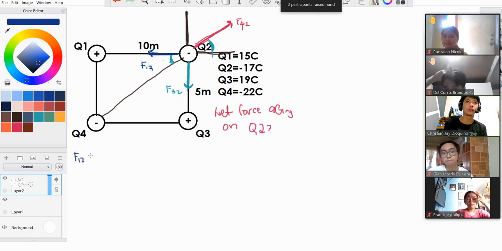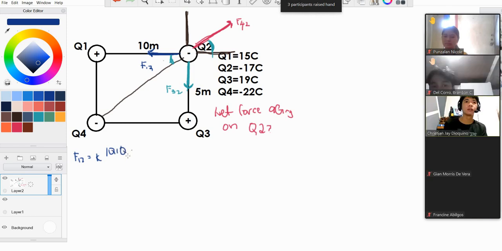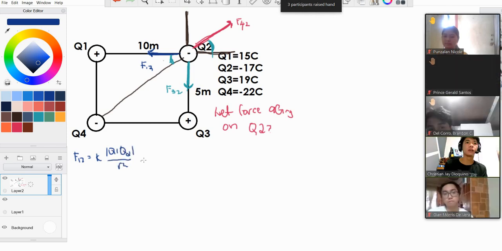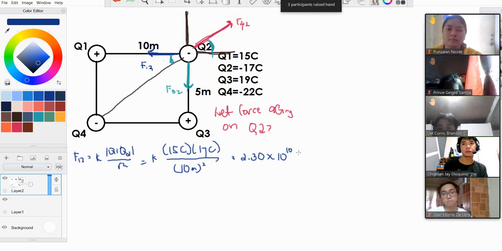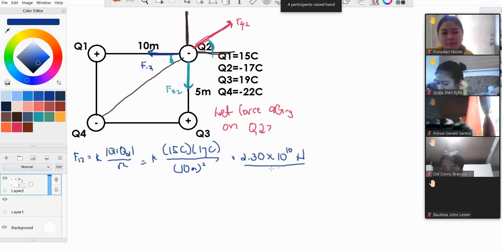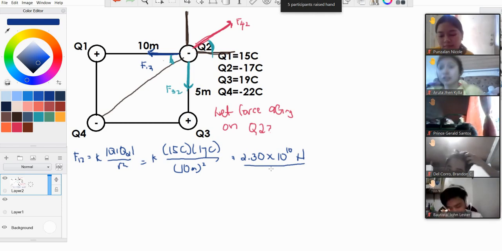F12 is K times 15 C times 17 C all over 10 meters squared, equal to 2.30 times 10 raised to 10 newtons. Okay, thank you. Same answer, guys.